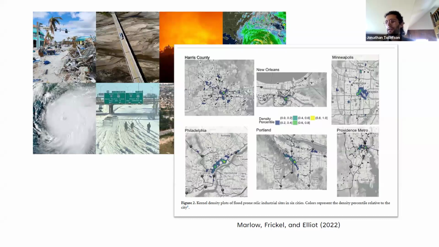Tom Marlowe's work has been a really important part of demonstrating this temporal dynamic. In this way, this convergence of historical, present and future forces might exacerbate existing patterns of environmental inequality and produce new forms of environmental and climate injustice moving forward.